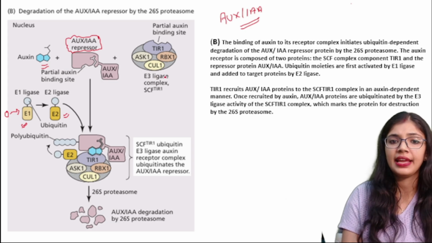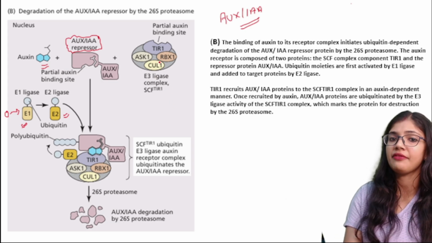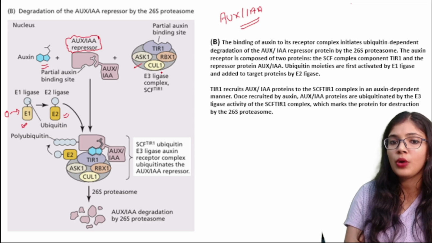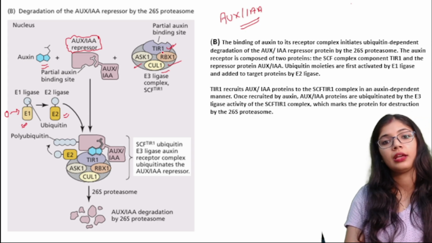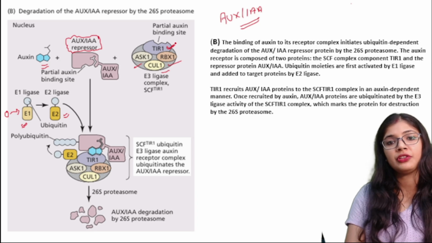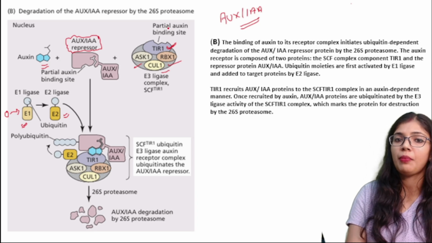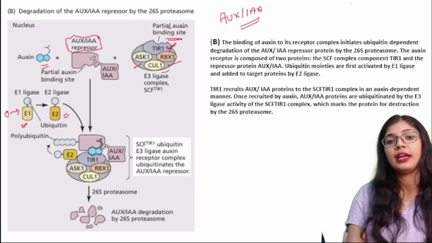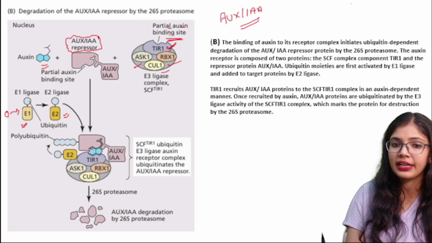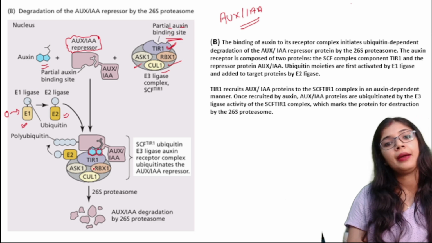This E3 ligase complex has some other factors like ASK1, CUL1, RBX1 and TIR1. Specifically, the TIR1 part has a partial auxin binding site. Here you can see that the auxin is bound near the TIR1.